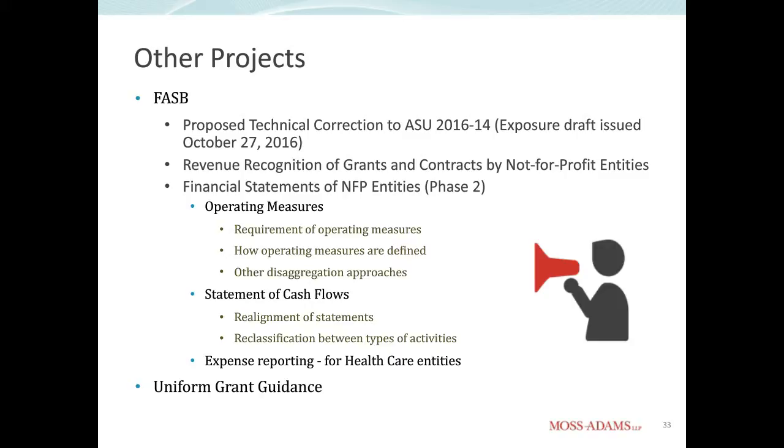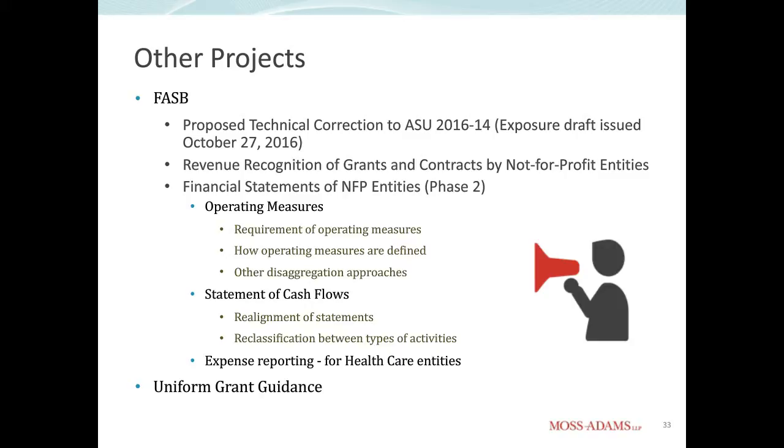There are a couple other projects and matters we wanted to bring to your attention. The first one here, last Thursday, an exposure draft was issued for a technical correction to the reporting standard that we just covered. The comment period for this closes on November 11th. The proposed change is to remove a phrase that was included in the requirement for the endowment reconciliation.